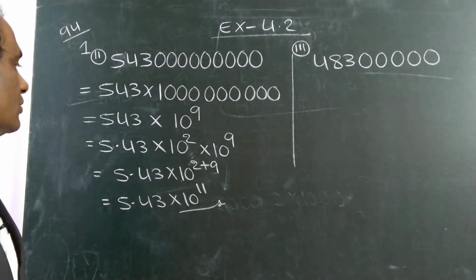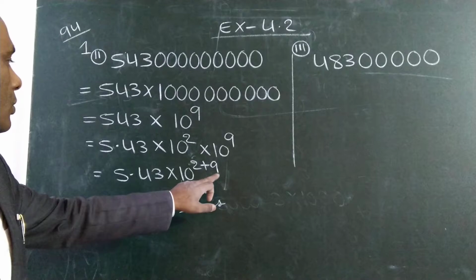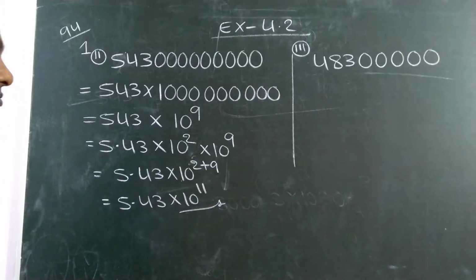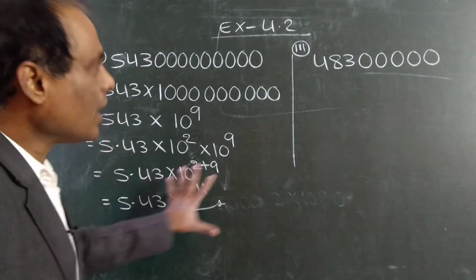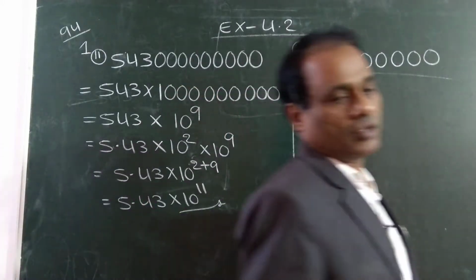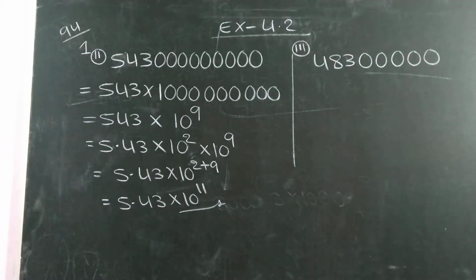That's all. 2 plus 9 is 11. Same model, you try this and get the answer. Do it. Same model, you try the next one.